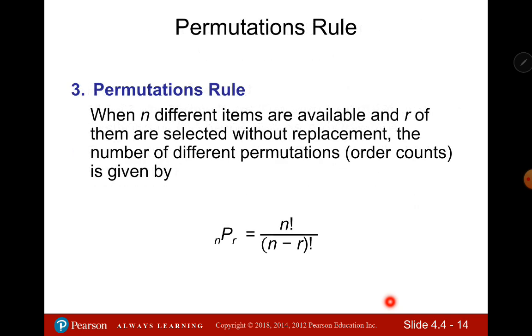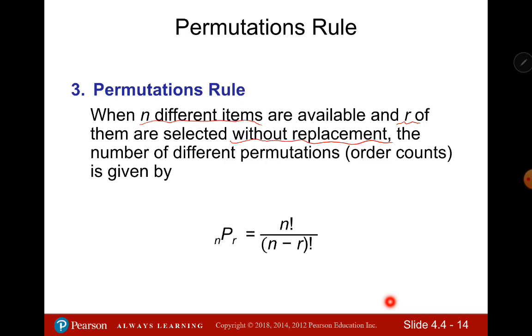Let's check what the permutation rule is. We have n different items, but this time we do not pick all of them. We only select R of them without replacement.